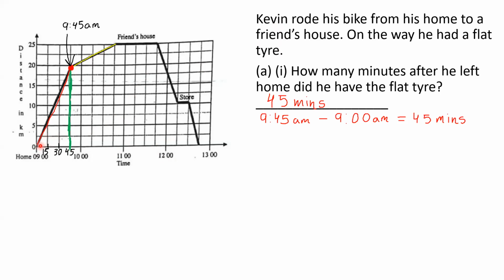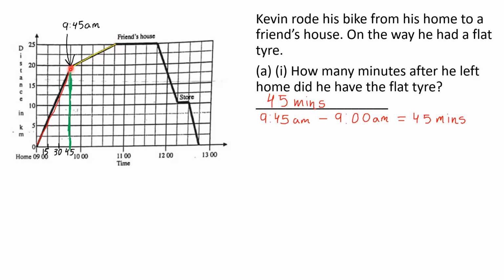Okay, so the starting point was at home, and that's at 9 o'clock, and then he moved up or forward. He moved forward, but he didn't go fully to 10. He stopped right before 10, so that made it 9:45. Well, he didn't reach his friend's house yet. We're talking about where he had the flat tire.